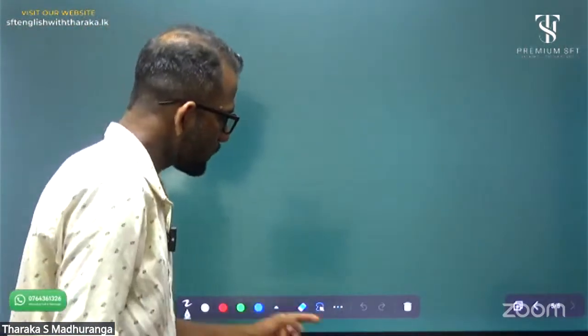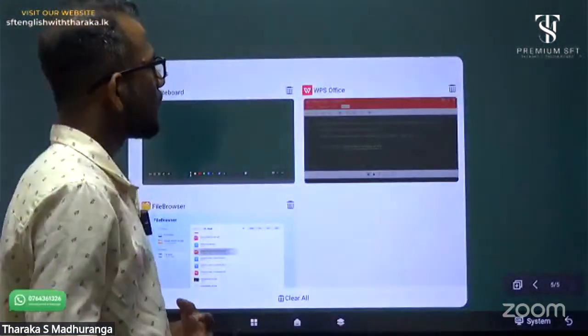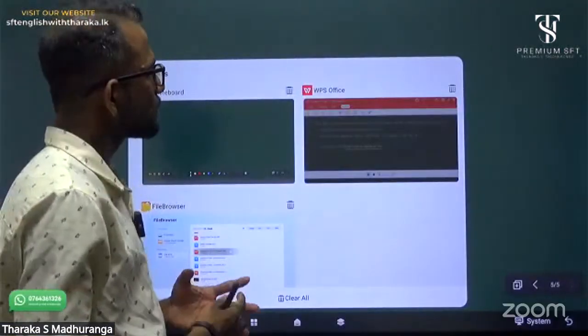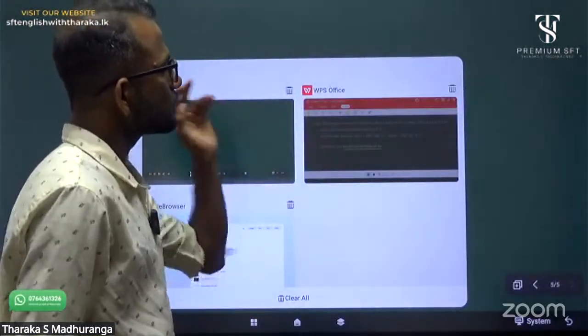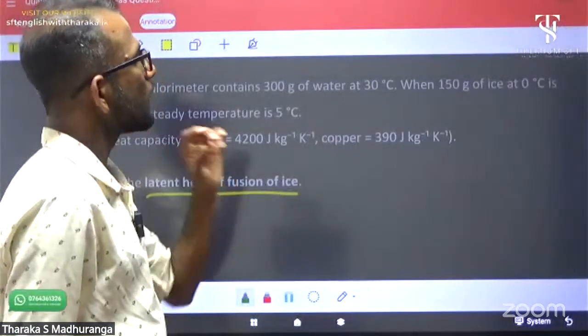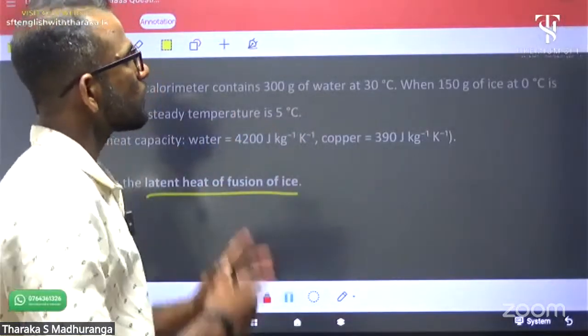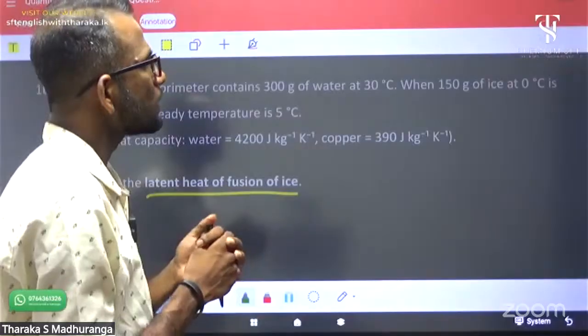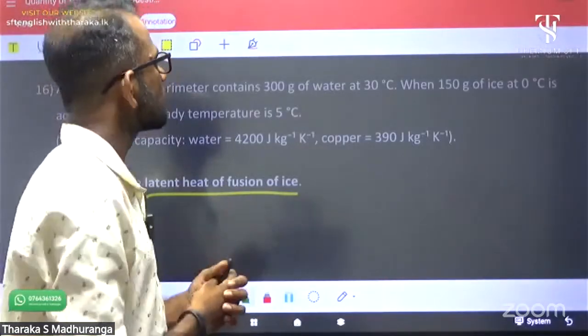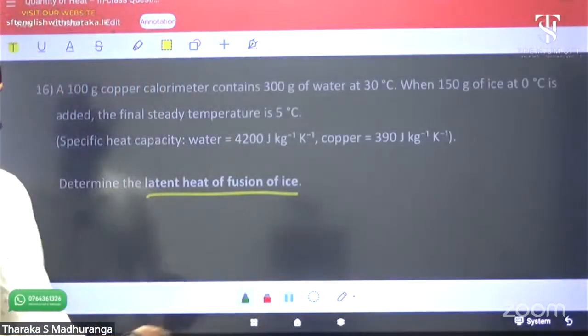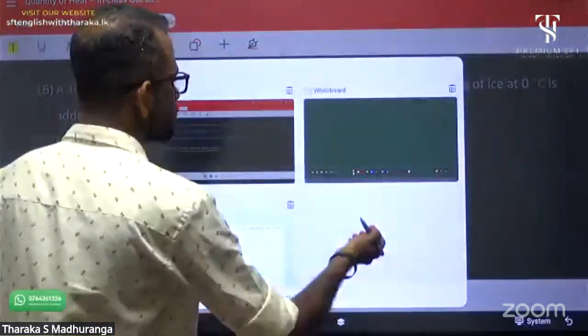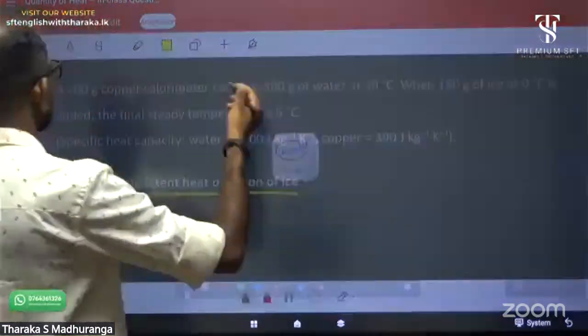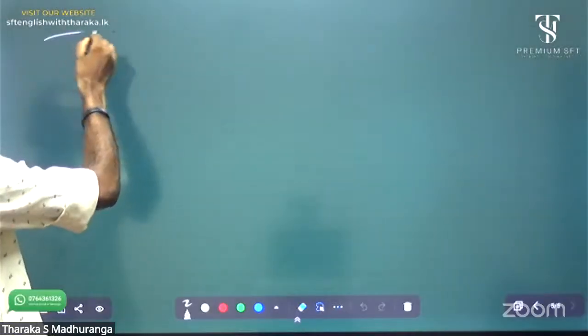Now, what's the story? A 100 gram copper calorimeter contains 300 gram of water at 30 Celsius. When 150 gram of ice at 0 Celsius is added, the final equilibrium temperature is 5 Celsius. Now, this is the calorimeter.